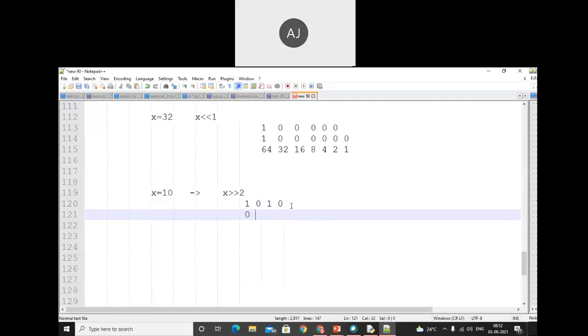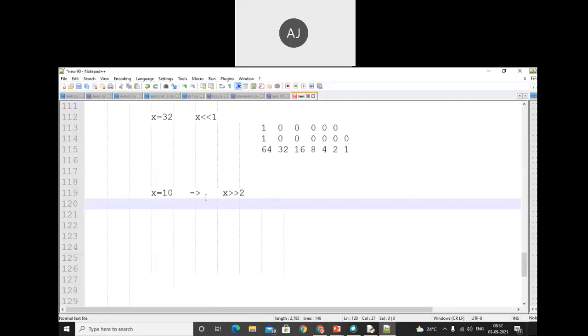Here what should I do? I will use 0 0. When we use the right shift operator, we just remove the last two elements.